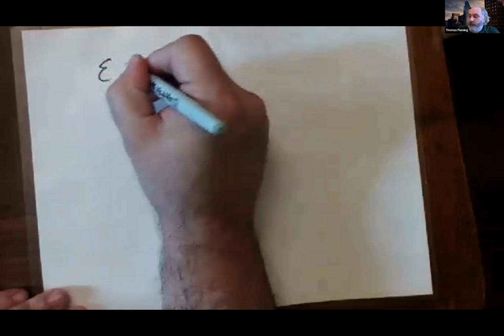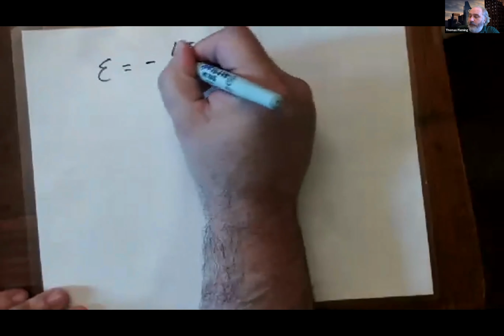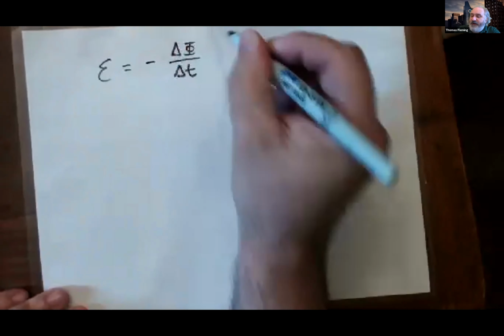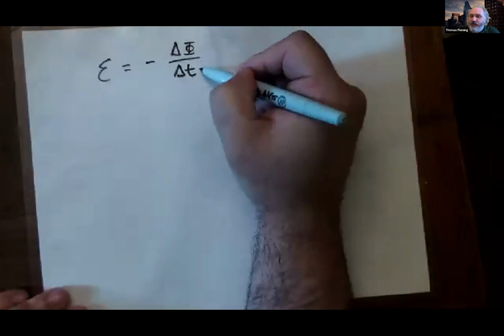All right. Let's go back to my document camera for a second. What's going to happen is in Faraday's law, we find out that you generate a voltage that is proportional to the rate of change of your flux.